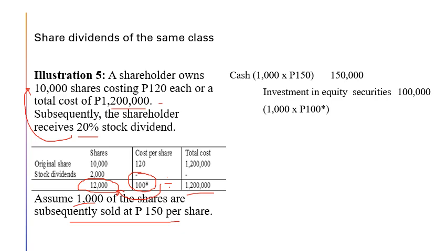That's 1,000 times 100. Again, where do we get 100? Diba? 1,200,000 divided by the new number of shares, 12,000 shares. So the new cost would be 100 per share. And since what we received is greater than what we parted with, we have a balance of 50,000, which is the gain on sale.